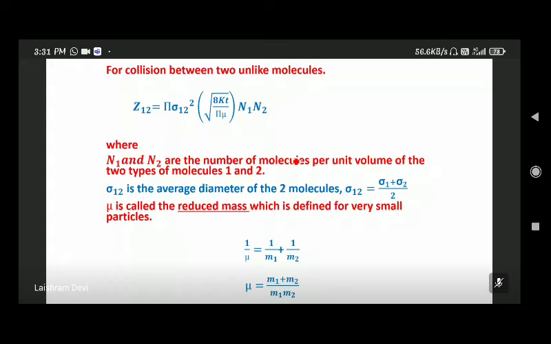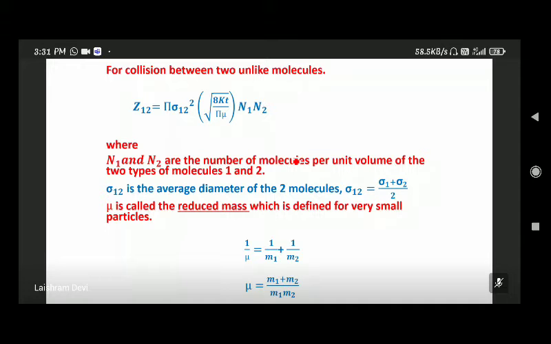Coming to how u bar is being replaced by this, u bar is nothing but your average velocity, right? Average velocity का simple formula है root over 8 kt upon pi m, है ना। For one single molecule it is written as root over 8 kt upon pi m.